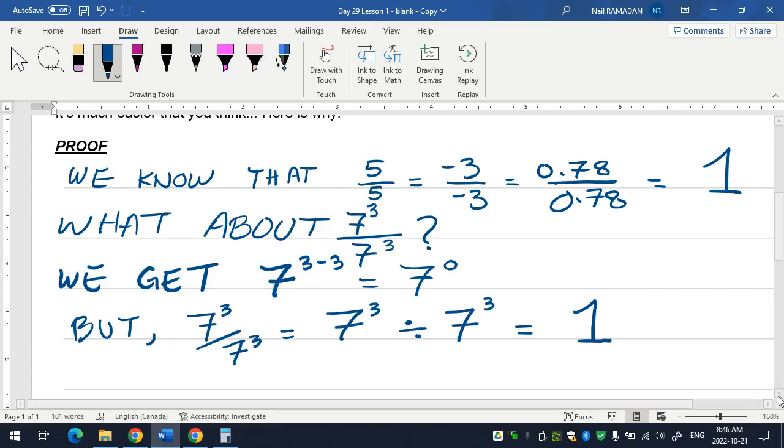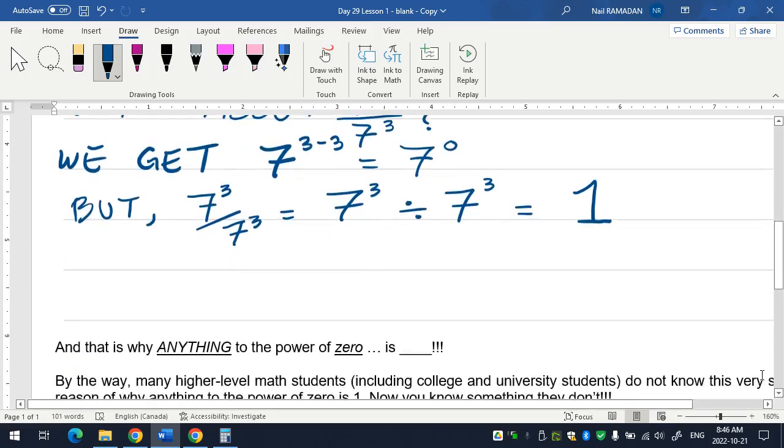Okay? So what does this mean? Let's just write one last statement. I'm just going to say it first, and then we're going to write it. We're going to write what? So anything to 0 is like what? Something divided by itself, which is what? There you go.